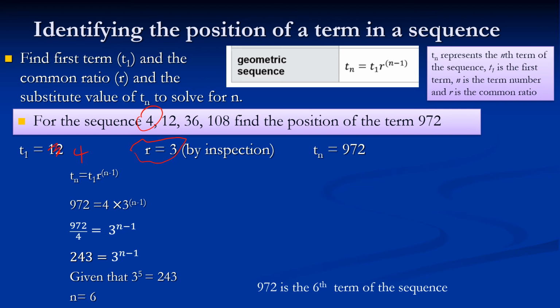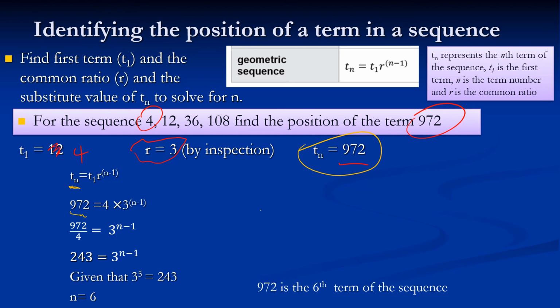Okay, so what else do we need to know? We know the term 972, so we want to find what position that is. So let's substitute in what we know. So we know that the term number is this value here.